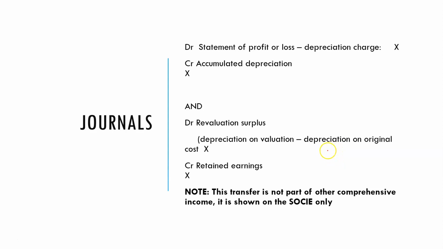It's too high. In actual sense, it does make sense because it seems slightly disjointed that you have a whole whack going through the income statement, which includes revaluation, but you're not recognizing that revaluation through the income statement, any of that profit. So it does make sense to balance it out.